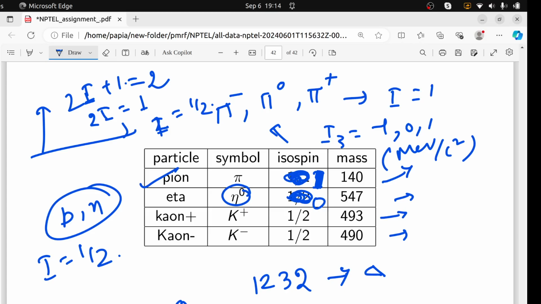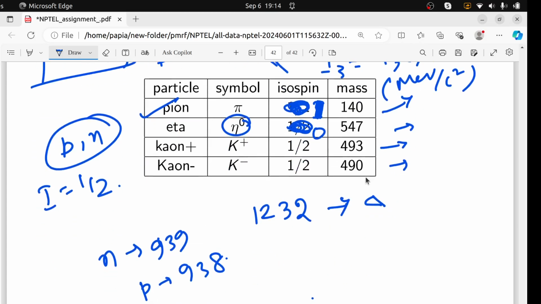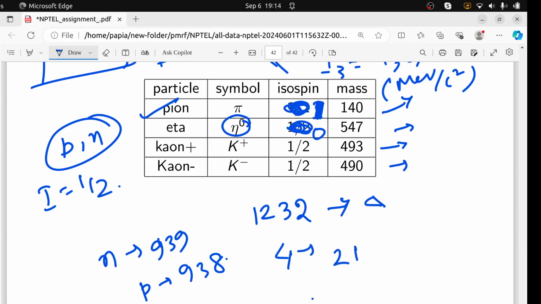Two family members means I will be half, 3 family members means I will be 1, 4 family members means I will be 3 by 2. Why is it 3 by 2? Because let's say 4 family members are there. So 2I plus 1 will be 4, so I is 3 by 2. Yeah, it was a typo. I did not see that.